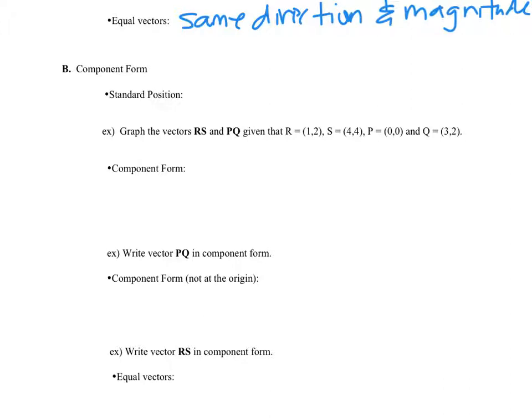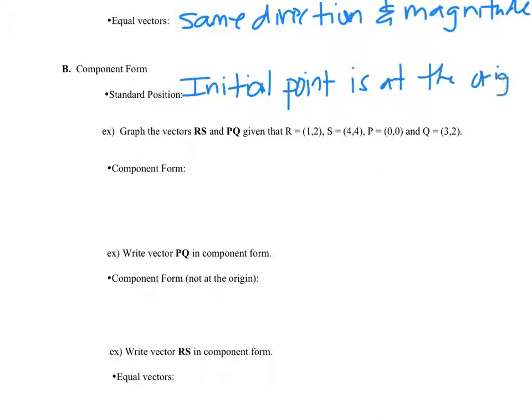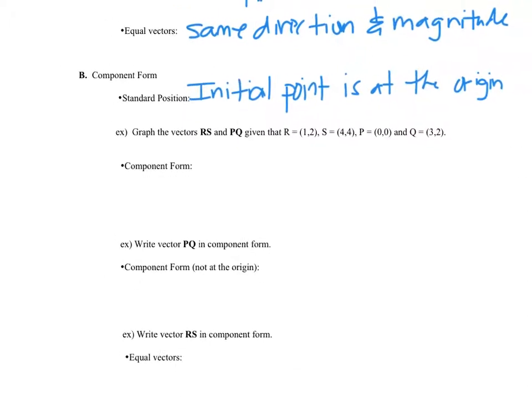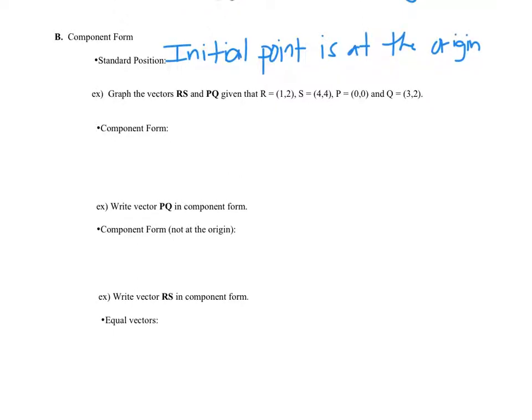Okay, so standard position has the vector's initial point at the origin. All right, so we're going to graph the vectors RS and PQ, and then I'm going to show you how to write them in component form in just a minute.